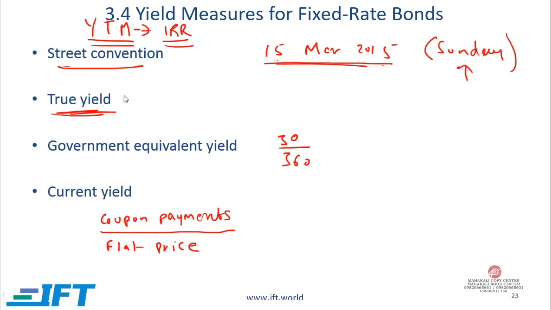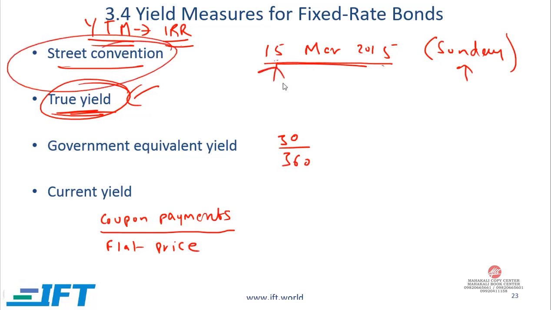So this is called true yield because this is the actual true yield, as it makes the correct assumption. But you can imagine that this is tedious because we need to figure out exactly what holiday and what weekend date might coincide with coupon dates. So the street convention is to simply assume that if a coupon payment is on 15th March, then the payment is indeed made on 15th March.